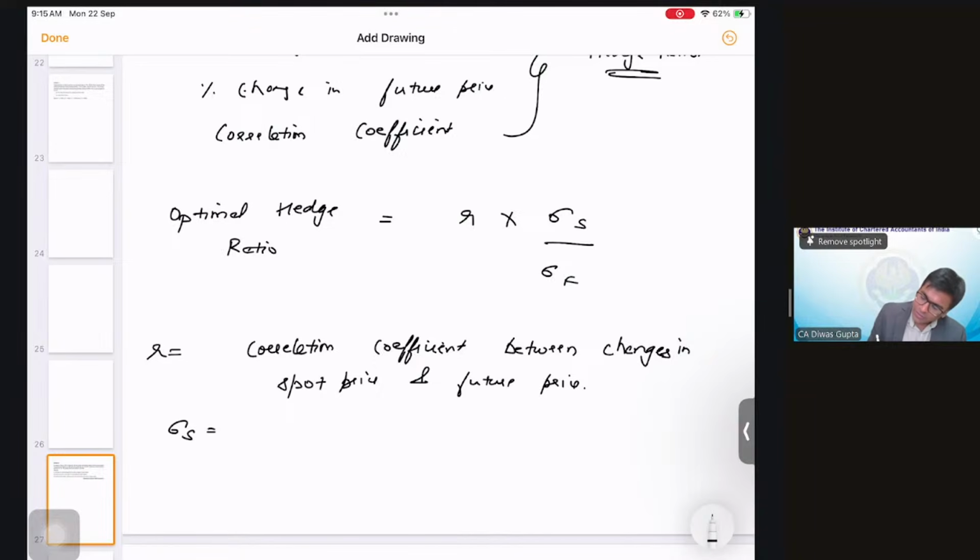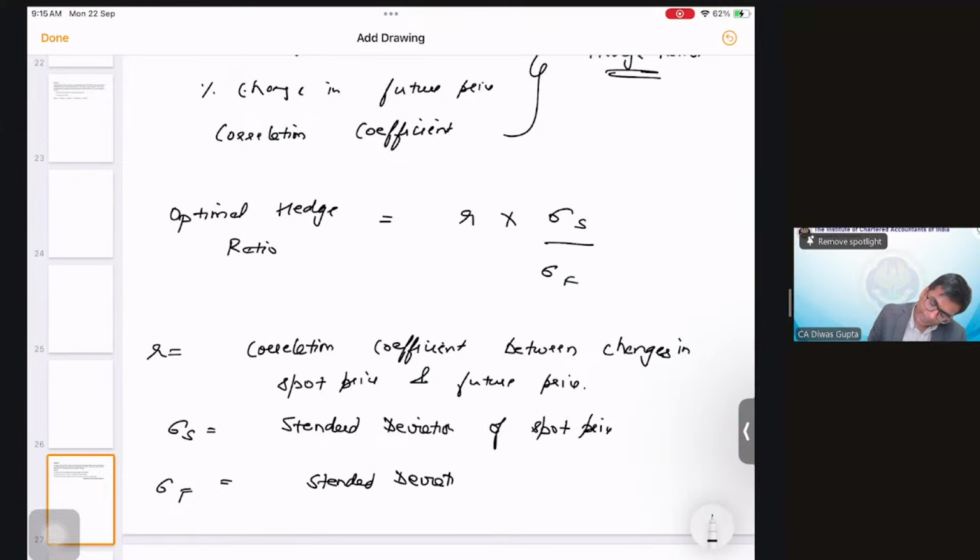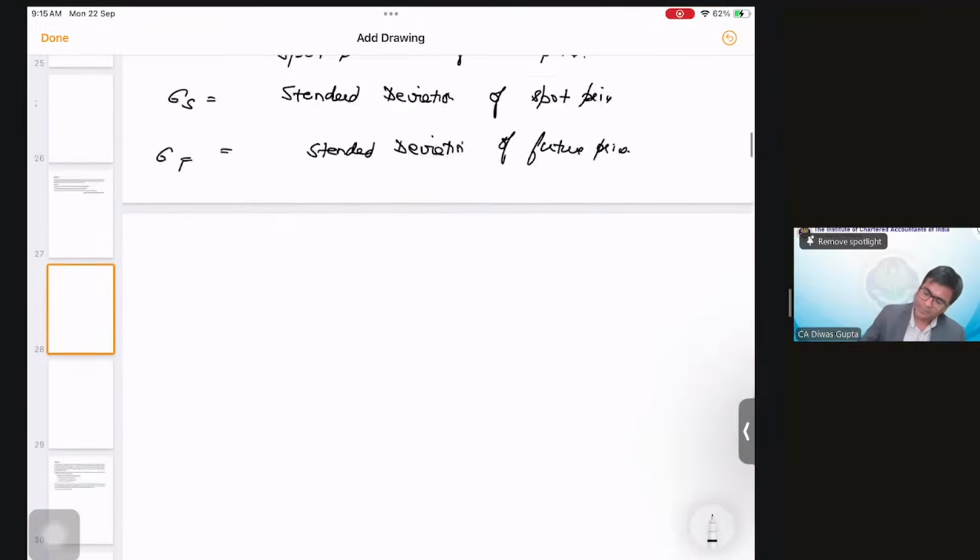The standard deviation of S is the standard deviation of spot price. The standard deviation of futures is the standard deviation of futures price. Clear?